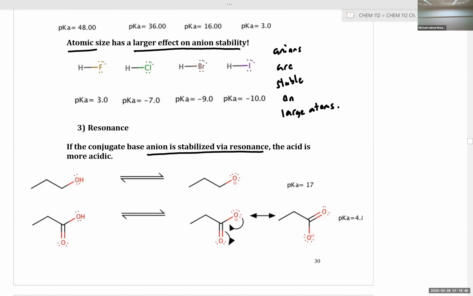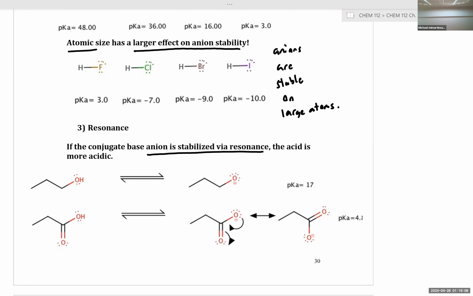And the reason why we're talking about anion stability in the context of pKa values is that pKa values give you a tool to essentially qualitatively assess anion stability. The more acidic your species, the more stable that conjugate base anion, okay?